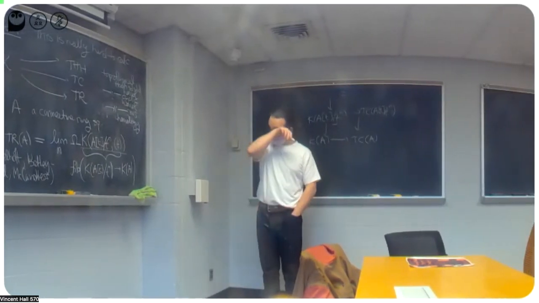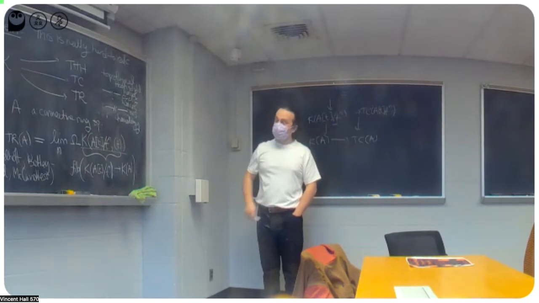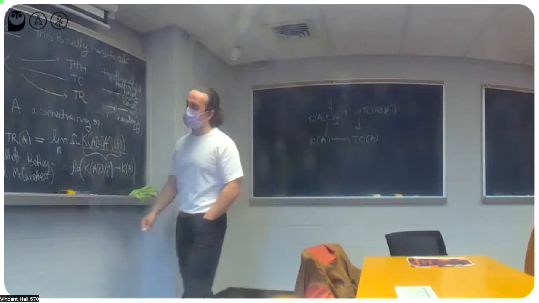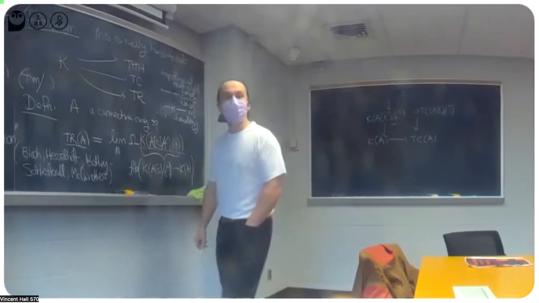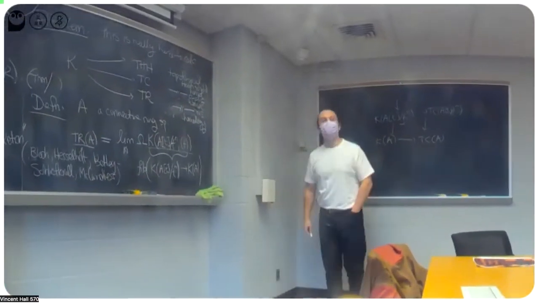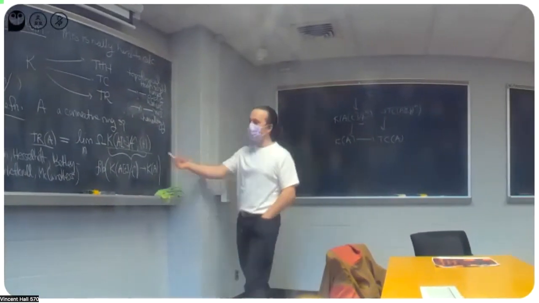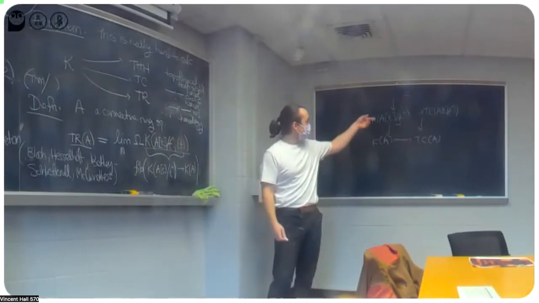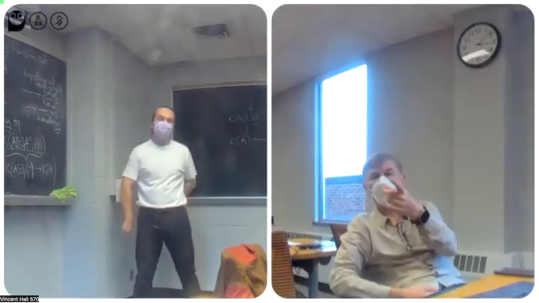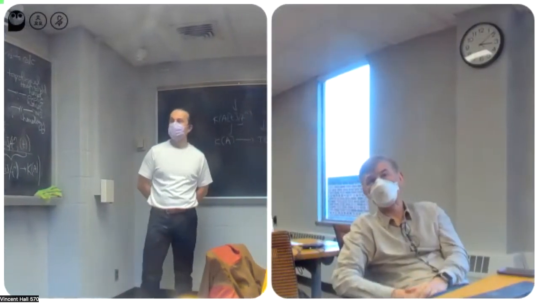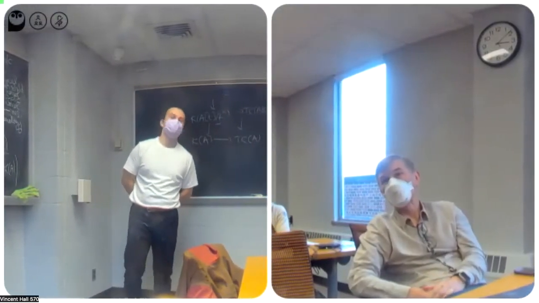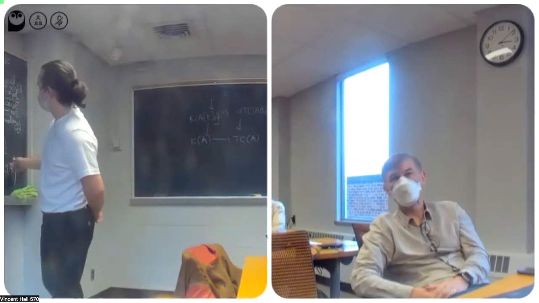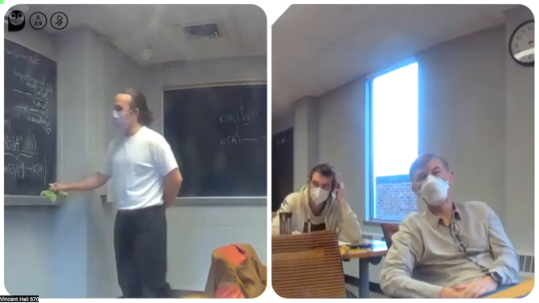A priori, I would say it's easier to understand TR of A and TC of A than it is to understand the K-theory of A for sure. But since you're in this relative situation here, you can cheat and you can identify this thing with something else. So maybe we should think of the right hand side as if you replace K with TC there, then it would simplify a lot of things. Sure, more or less for me.